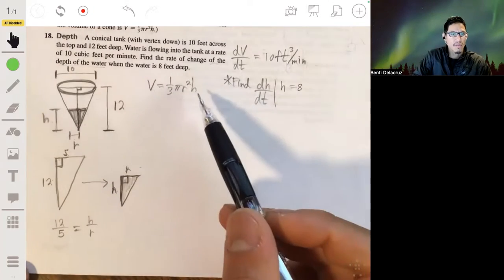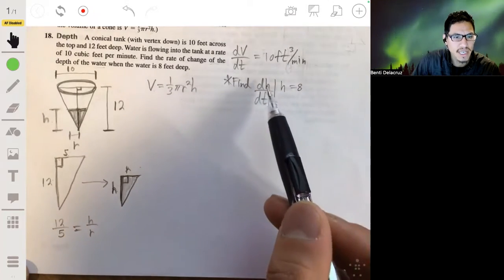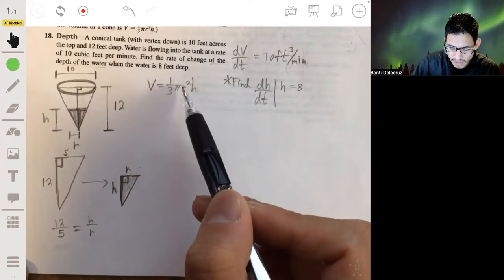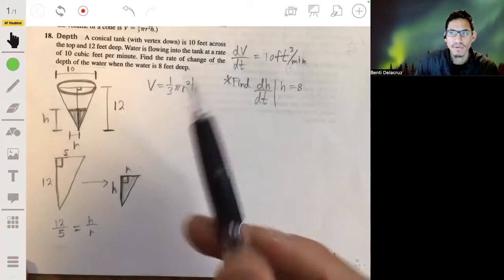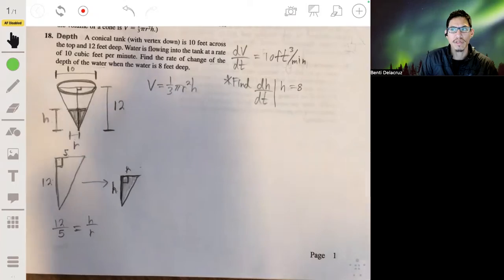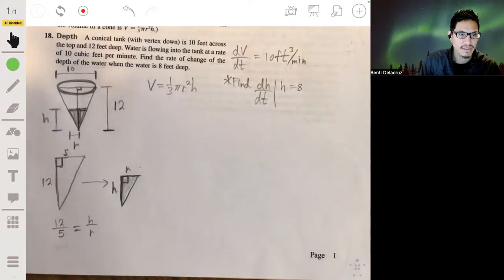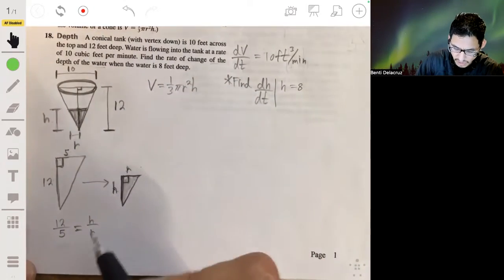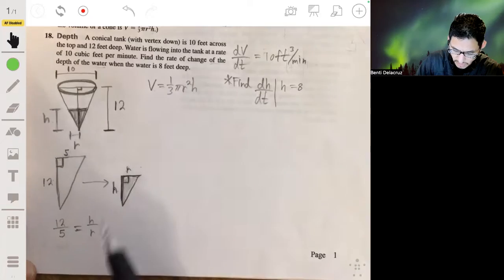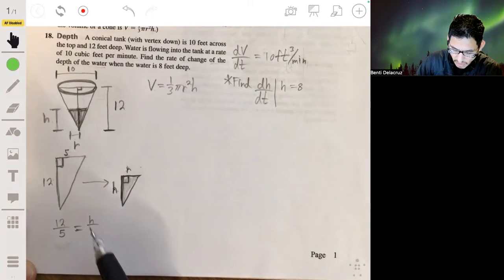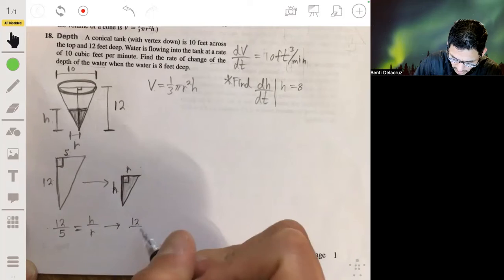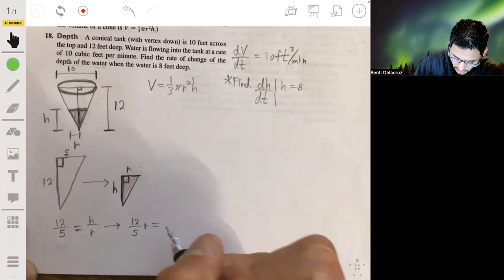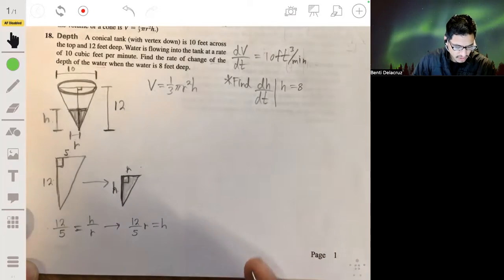And now remember, in our equation, we want to find dh dt. It'd be easier if we eliminate the r variables and just have h, because then we don't have so much to work with. It'll make it easier for us to differentiate. So let's rewrite r in terms of h. Multiplying by r, we get 12/5 r equals h.